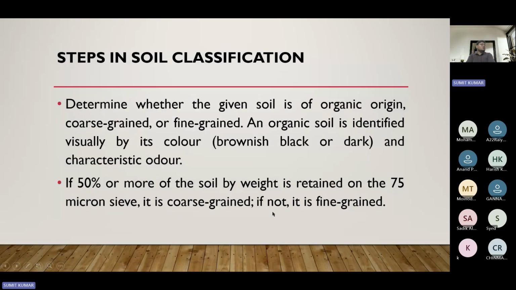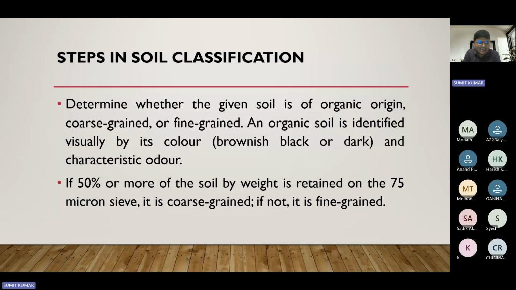So when we talk about the steps in the soil classification, first of all, we determine whether the given soil is of organic origin, coarse grain, or fine grain. As I already said during the sieve analysis, I explained elaborately how it is coarse or fine, depending upon whether more than 50% of particles are retained on the 75 micron sieve.